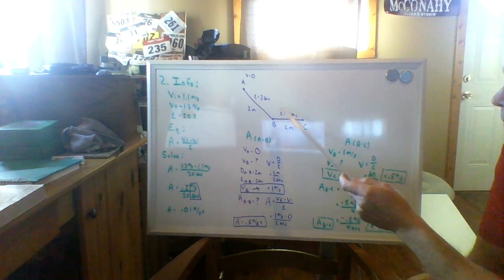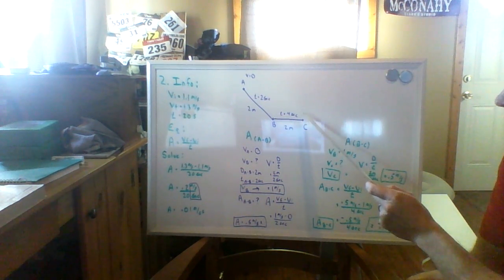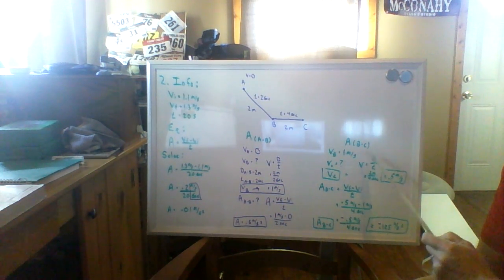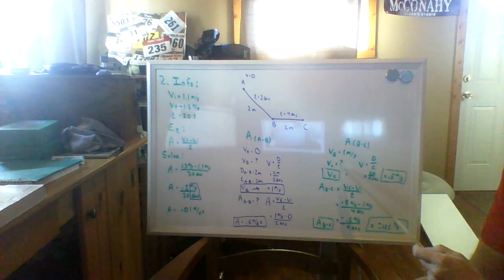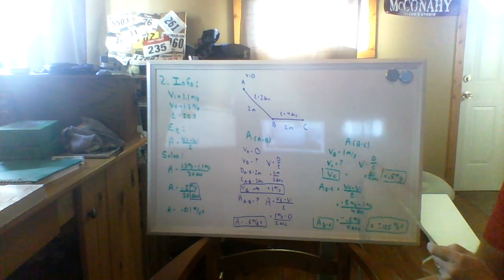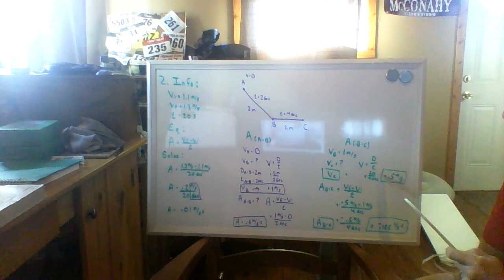Now we want to go from point B to point C. We want to find first the velocity at point C. So the velocity at point C, again, is distance divided by time, which would be 2 meters divided by 4 seconds. So our velocity at point C would be 0.5 meters per second.